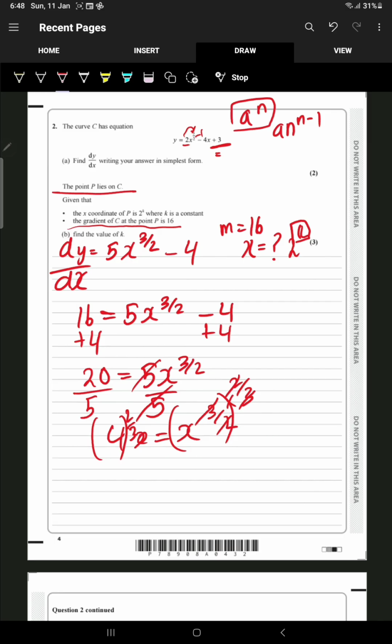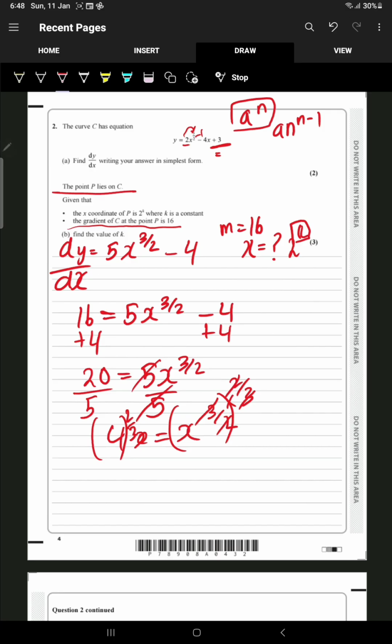Now basically this is 4 to the power of 2 over 3.